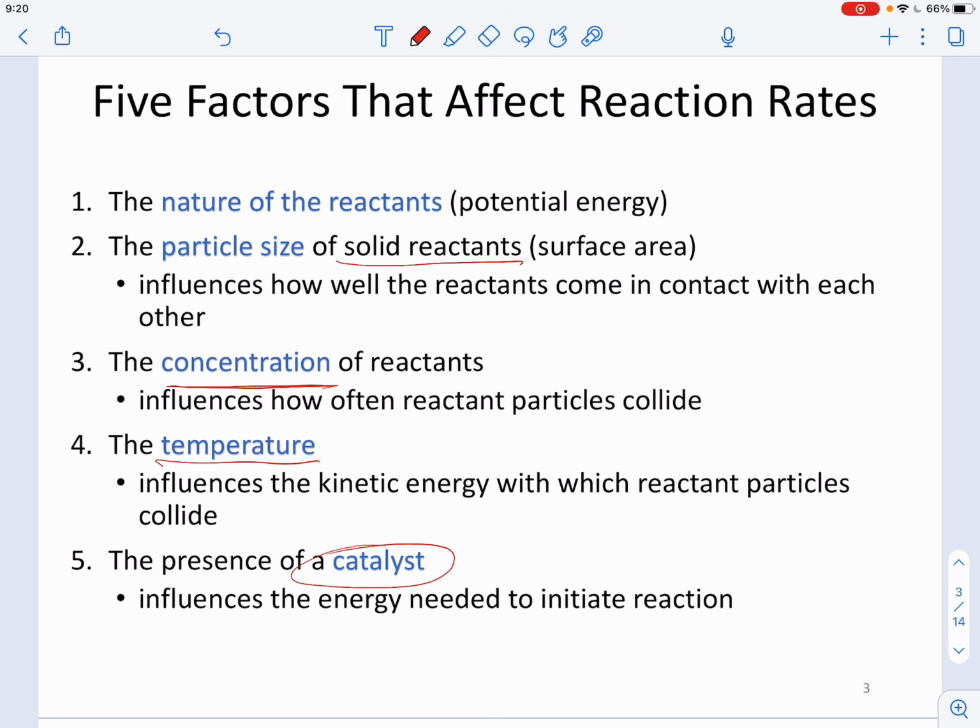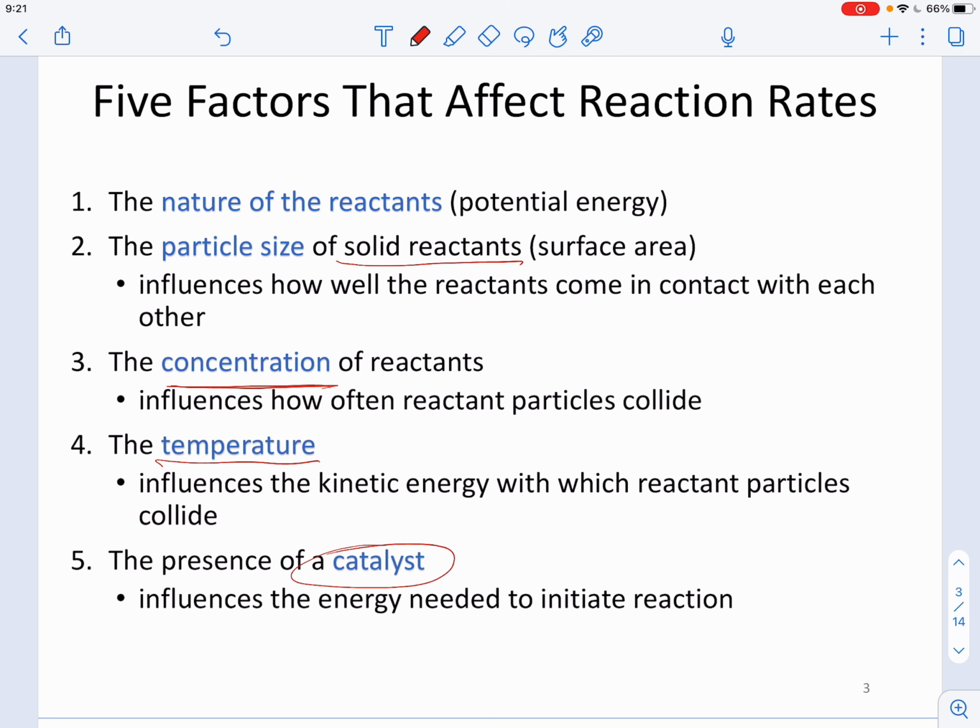Catalysts also tend to increase the speed of reactions because they introduce some other ways in which the reactants can interact with each other. Sometimes they lower the energy required to proceed in that reaction, and sometimes they provide alternative mechanisms for that reaction to occur.